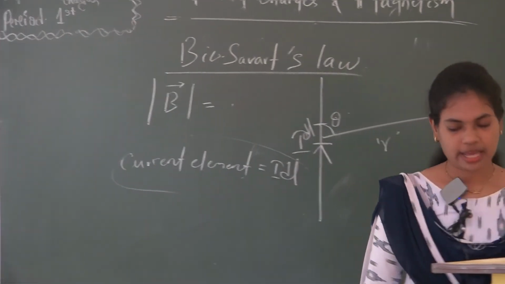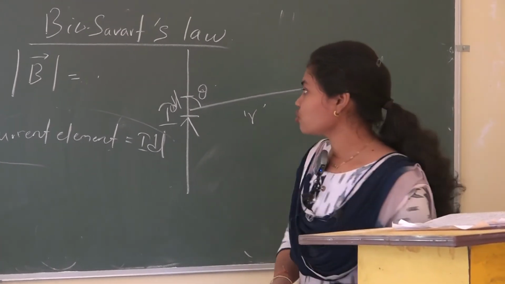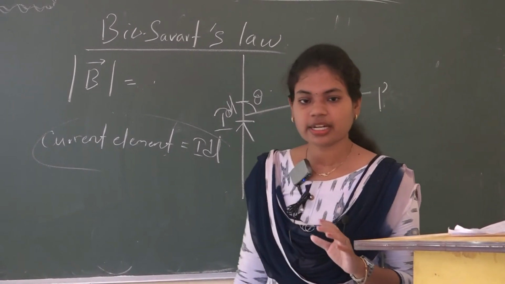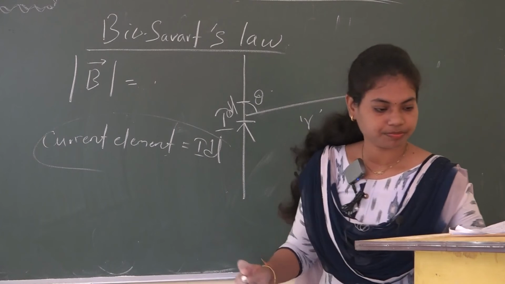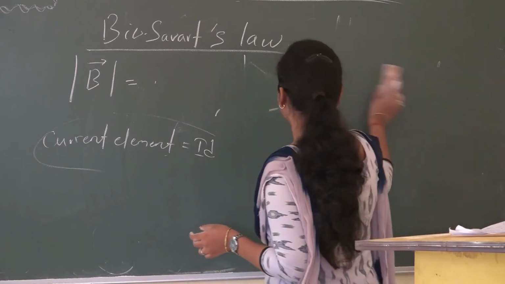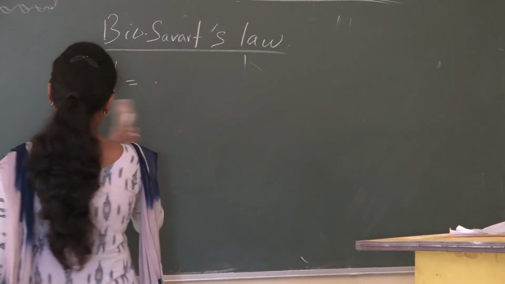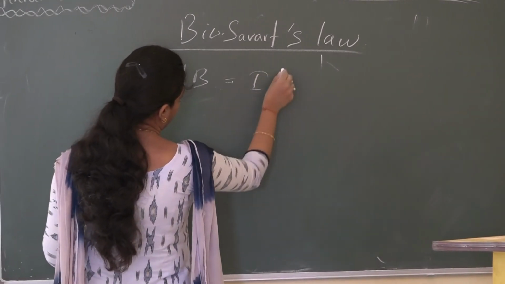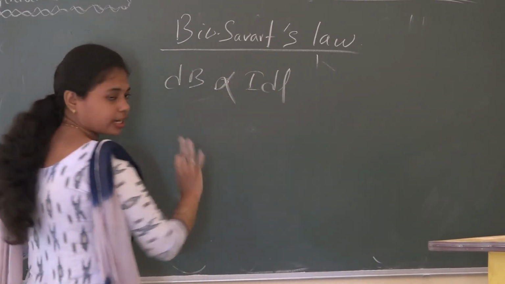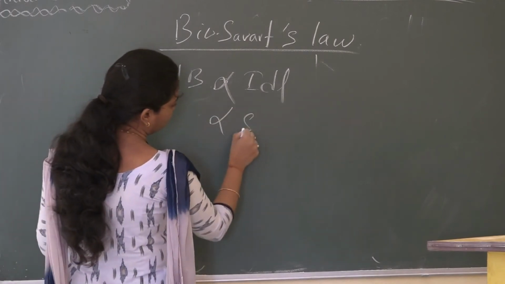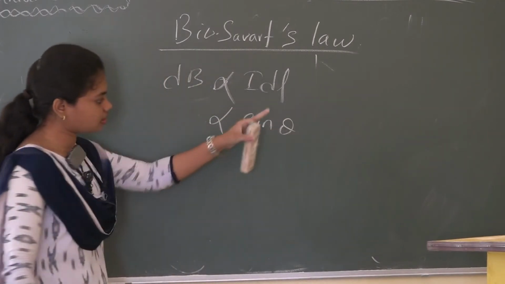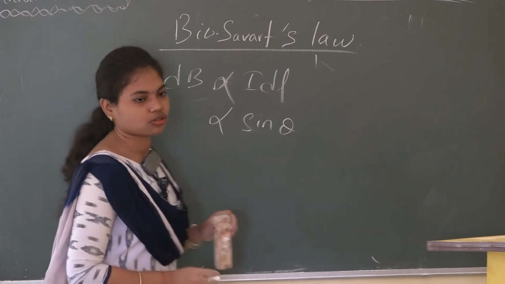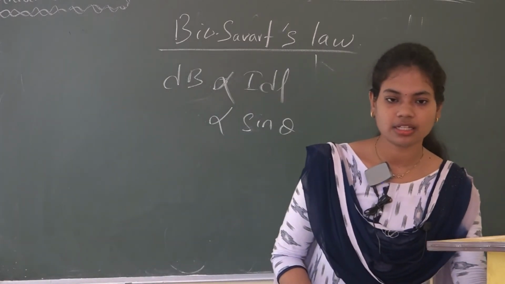Then according to Biot-Savart's law, the magnitude of magnetic field is directly proportional to the current element and the sine of angle theta.